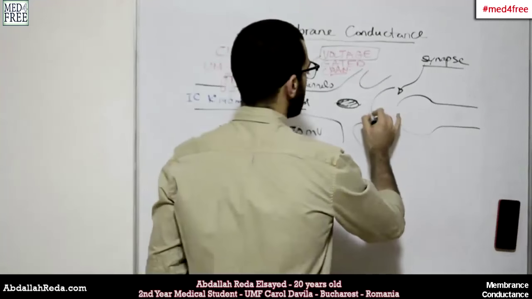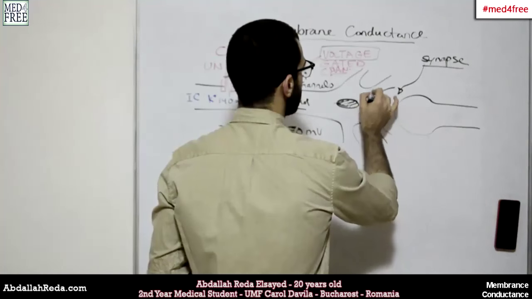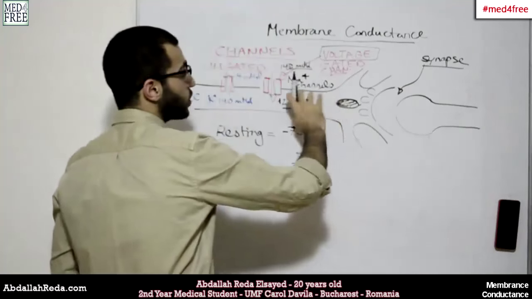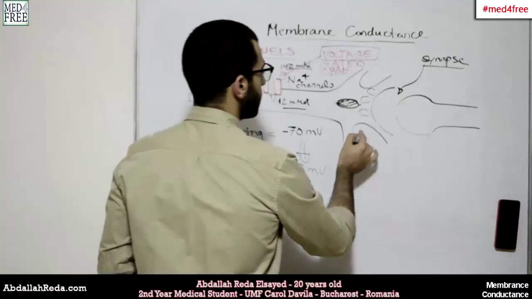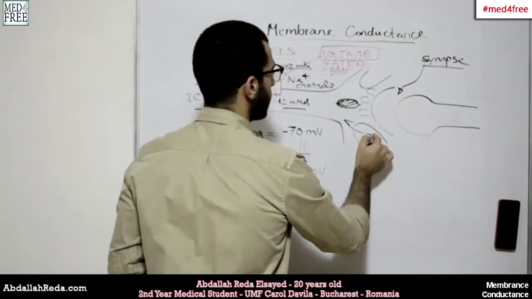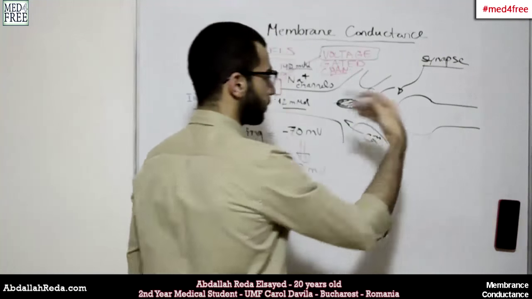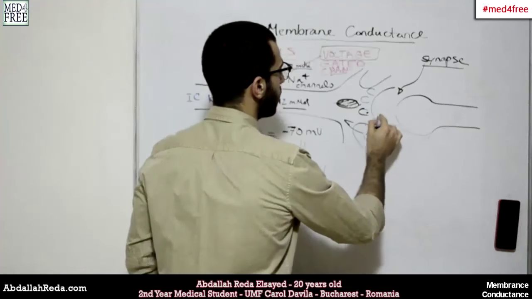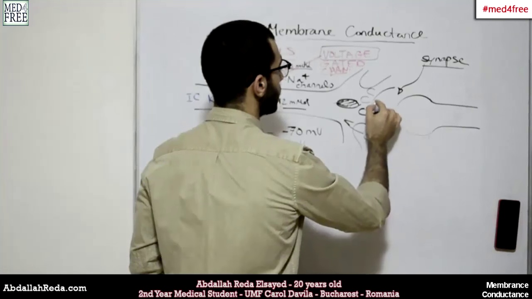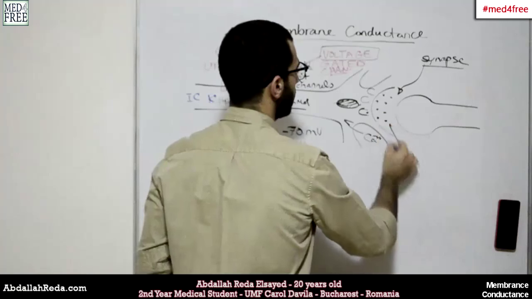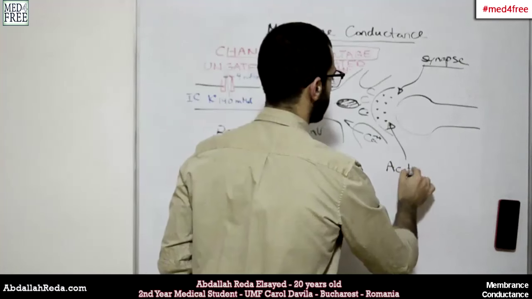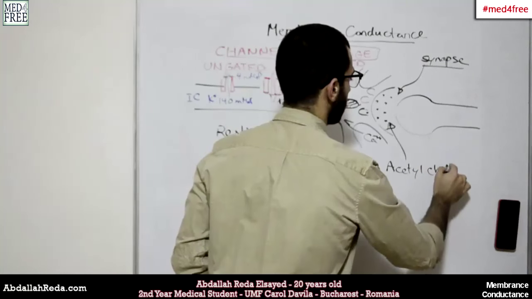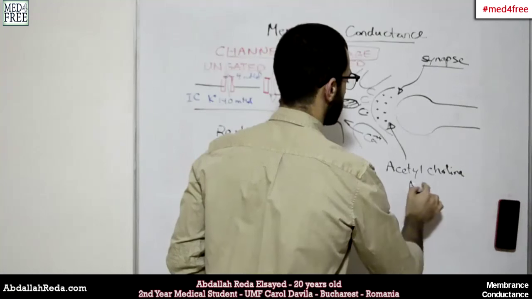So here we have sacs, which when the stimulus arrives, calcium will go inside the cell, these sacs will rupture, and they will release something called a neurotransmitter. For example, a very important neurotransmitter is called acetylcholine. For short, ACh.